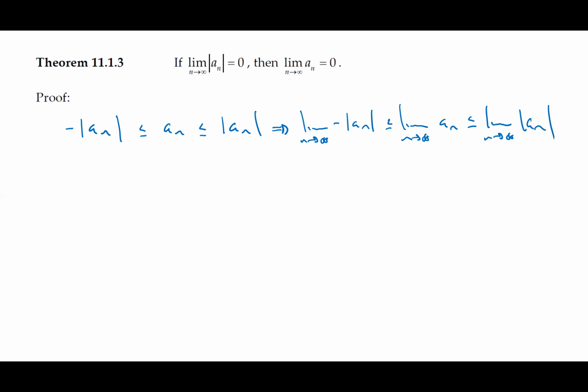Well, absolute value of AN, that's going to 0. So if I take the negative absolute value, that's also going to 0. And so what do you know? The only way for that to be true, right? We use the squeeze theorem. That limit must be 0, okay? All right.